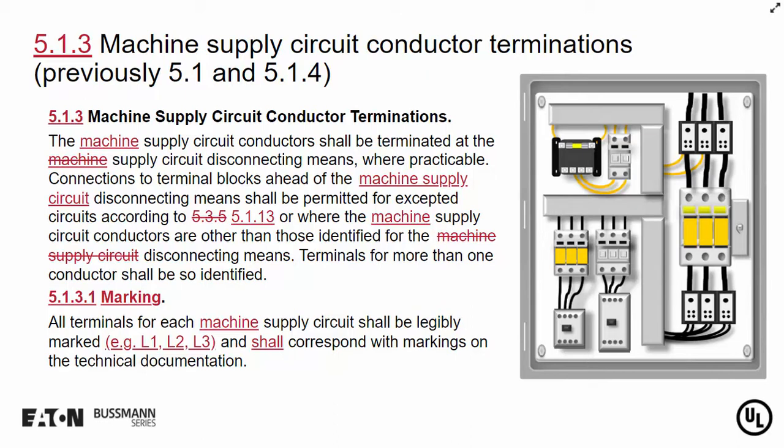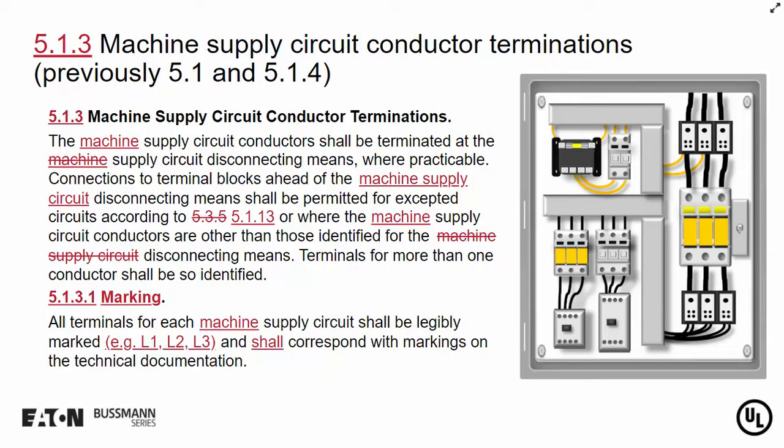So if you look at the graphic to the right, what you can see there is we have a situation where we have some accepted circuits. So in order to have the ability to have the incoming machine supply circuit conductors terminate, we're going to have to terminate those into a power distribution block.